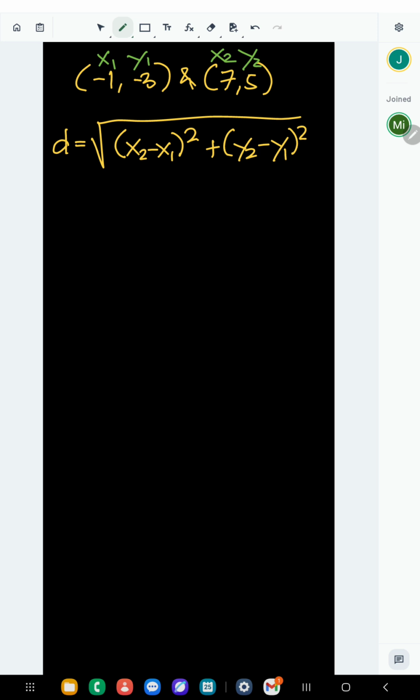That one. I just want to know if you know how to do this. Yeah, so the answer here is 8 square root 2.